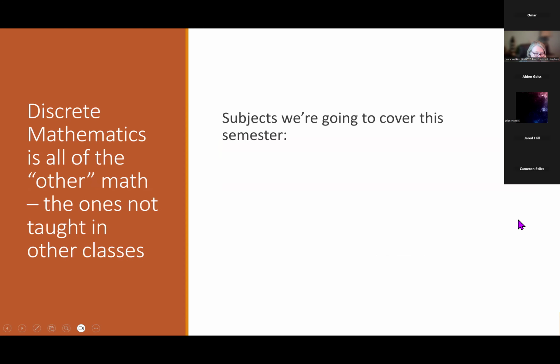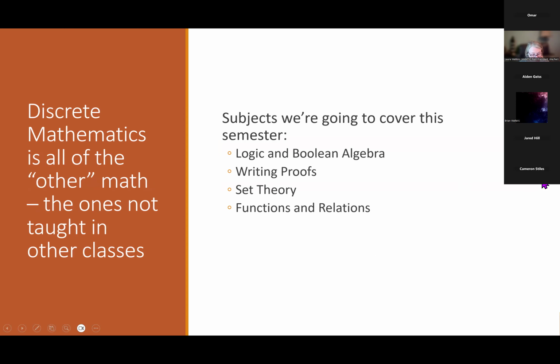So subjects we're going to cover this semester are logic and Boolean algebra. Some of you may have seen some of this before. My experience is a lot of you have not. Writing proofs, set theory, functions and relations in the context of logic and proof.